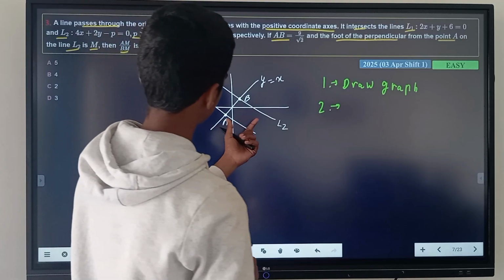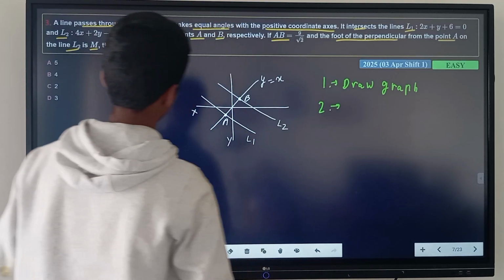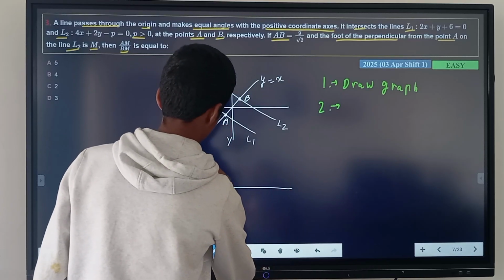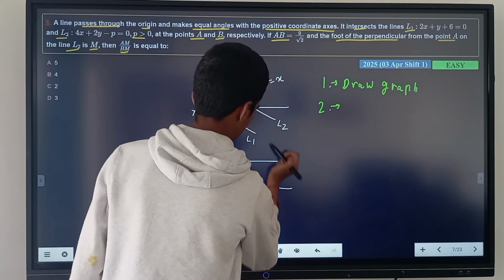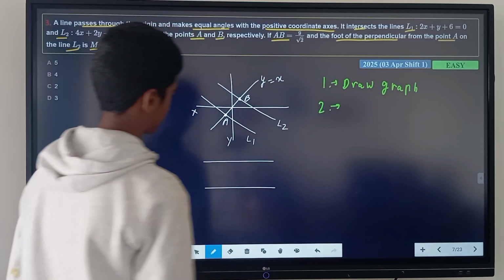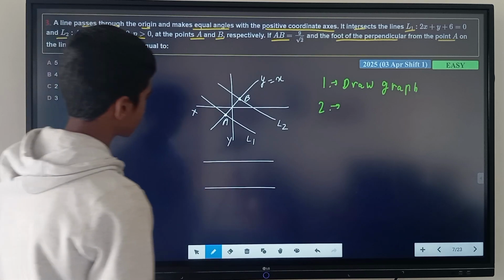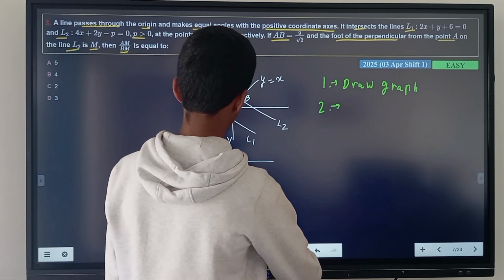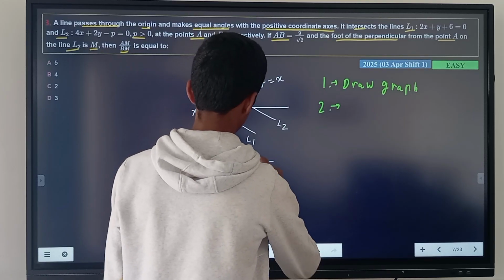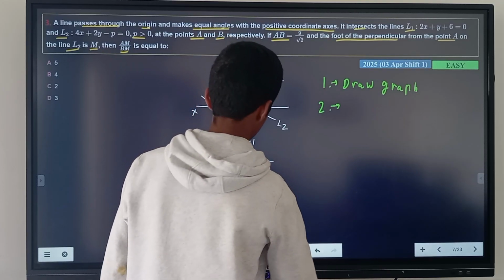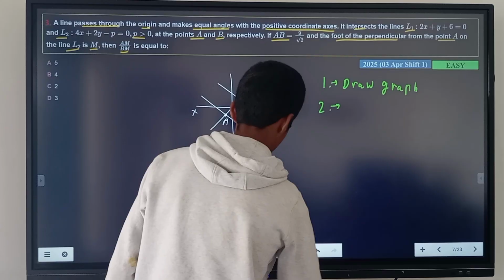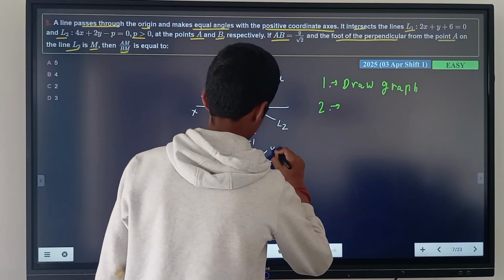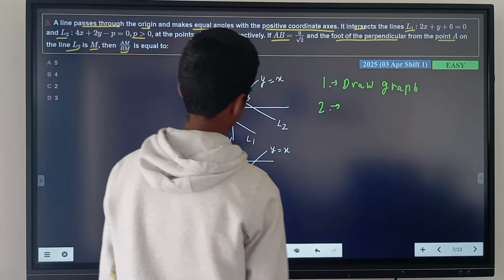Now let's take this figure apart. We are left with this; I have done this for ease of representation. Now this line is y is equal to x.